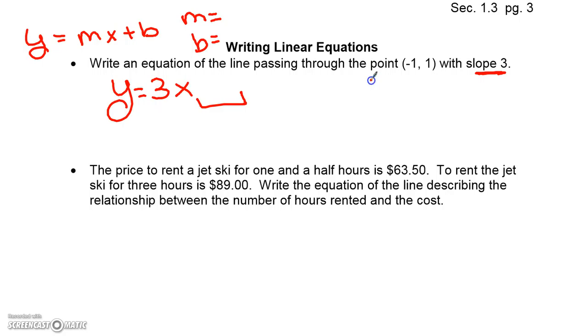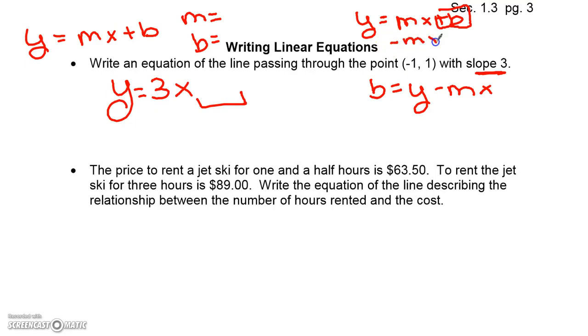Well, you can use this formula, b equals y minus mx. That comes from solving this equation. We've got to get b by itself, so I'm going to subtract mx from each side, and we end up with b equals y minus m times x.